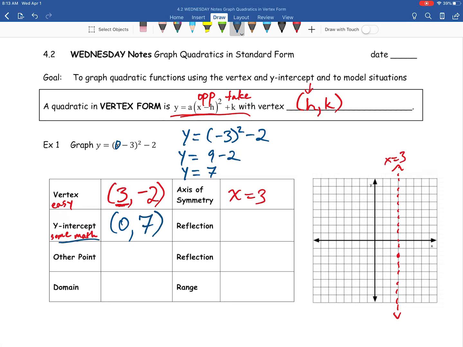Our y-intercept comes out to be 0, 7. That would be located right about there. Now, you're still going to reflect and mirror that. Since that was 3 units to the left of the mirror, we would go 3 units to the right of the mirror, put a little dot there, and say that reflection point is at 6, 7.